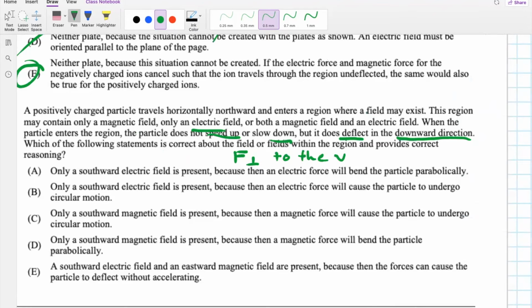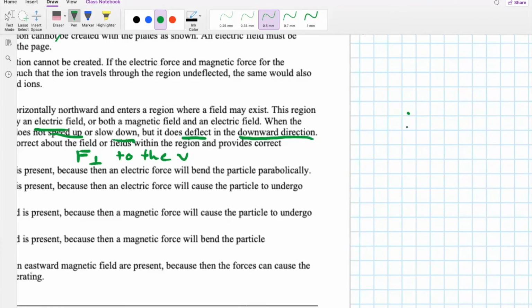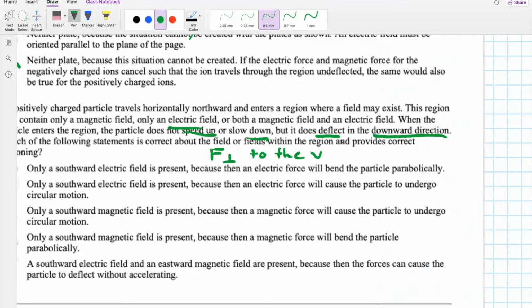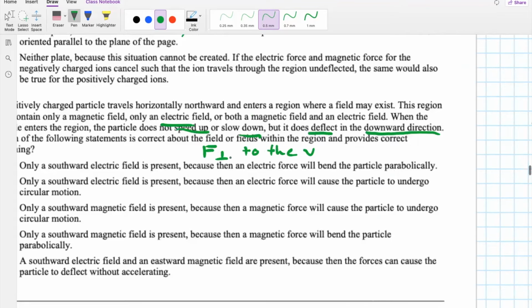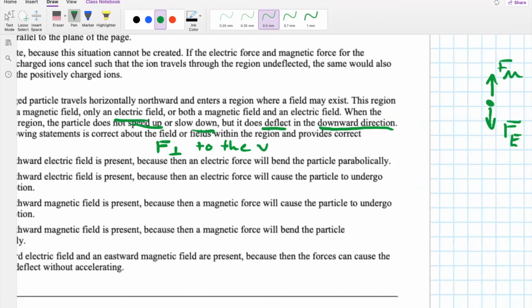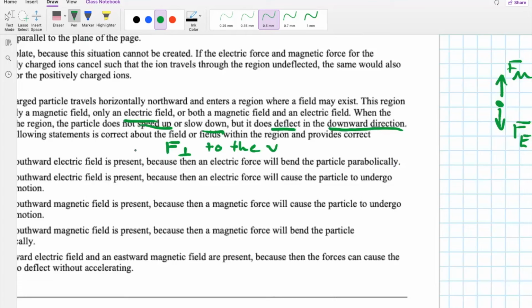So let's look at what if the magnetic force and the electric force balance out perfectly? Well, in that case, it's not going to speed up or slow down, but at the same time, it's not going to deflect downward. So to have deflection, it must have some amount of force to change the direction of motion. But this force is going to be perpendicular to the velocity.